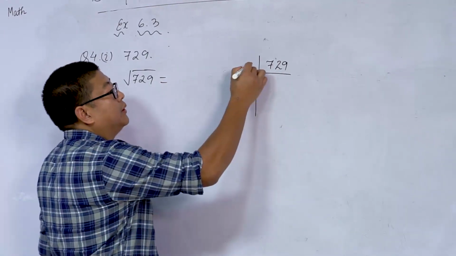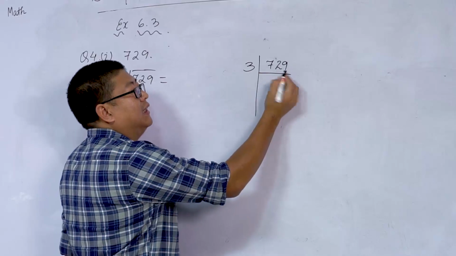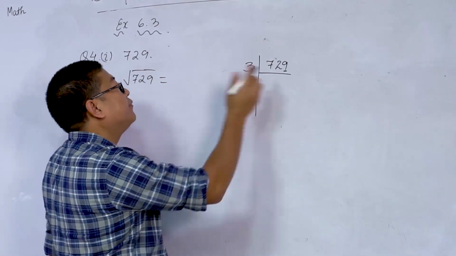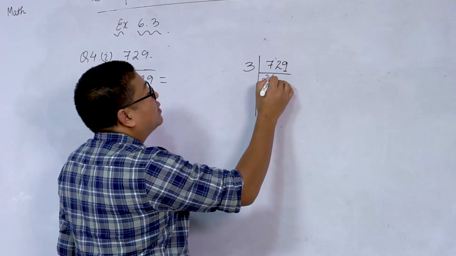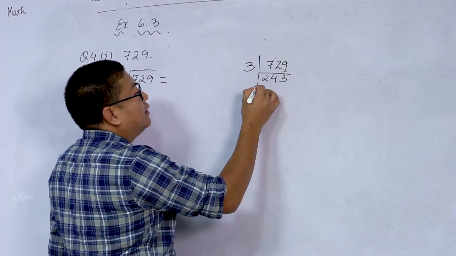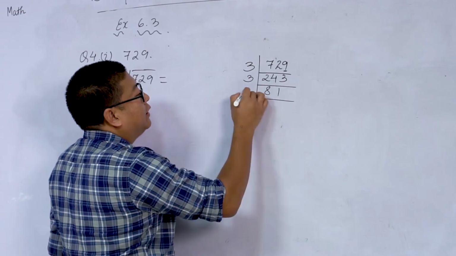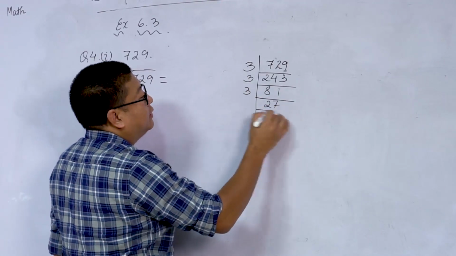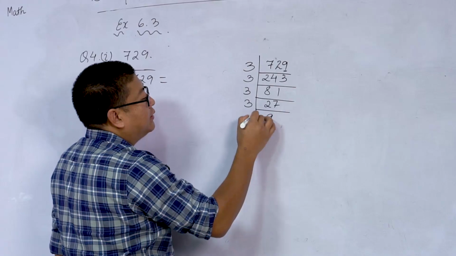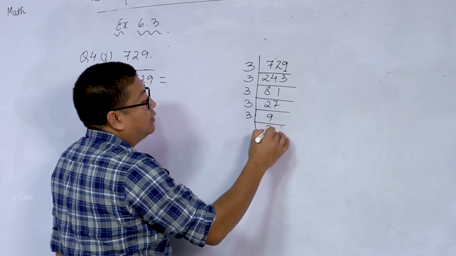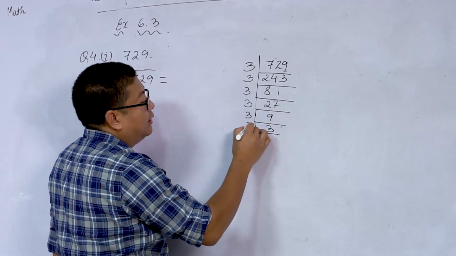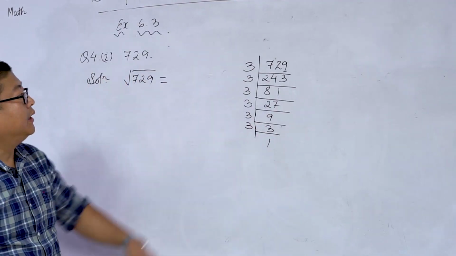We can do it by 3, or we can look at the last digit and find out the divisor. Now 3 into 2 is 6, 3 into 4 is 12, 3 into 3 is 9. Again 3, 3 into 8 is 24. Again 3, 3 into 2 is 6, 3 into 7, 27. Again 3, 3 into 9 is 27. Again 3, 3 into 3 is 9. 3 into 1 is 3.